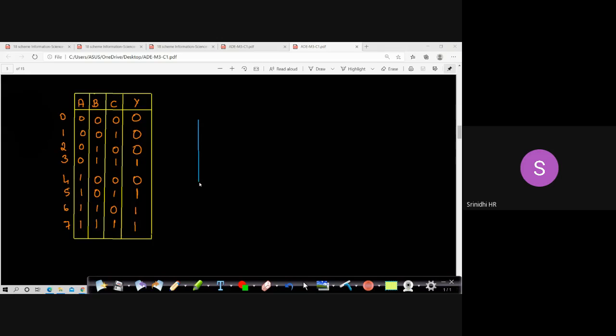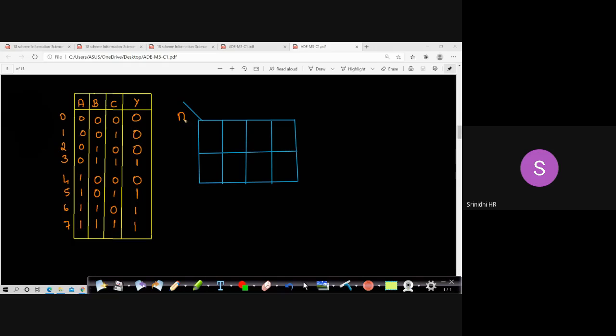So I'll be writing a K-map. How many variables do I have? I have 3 variables. So for 3 variables, this is sufficient. There is no problem, I think, with respect to writing your K-map.